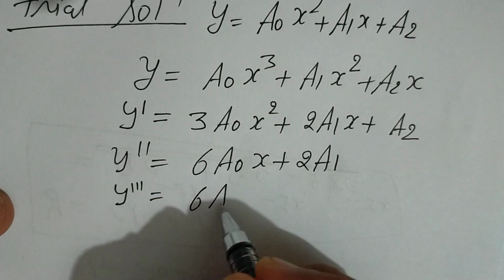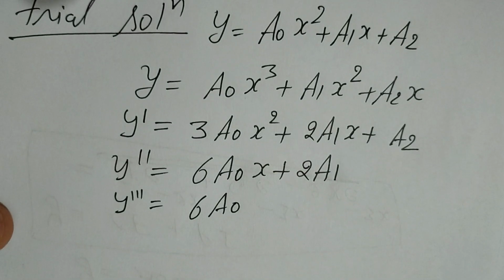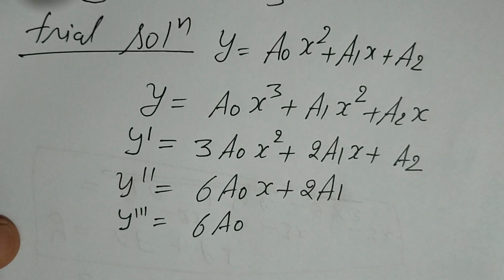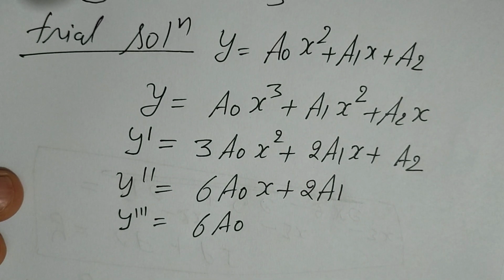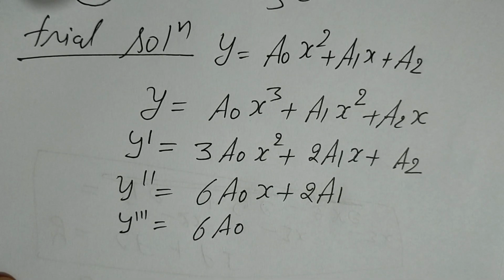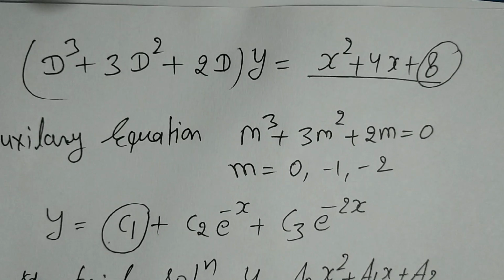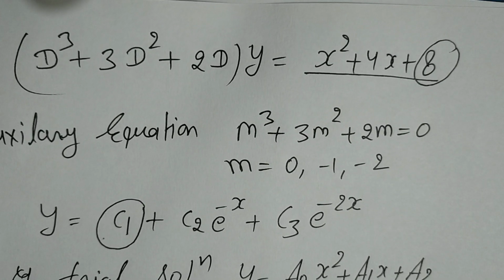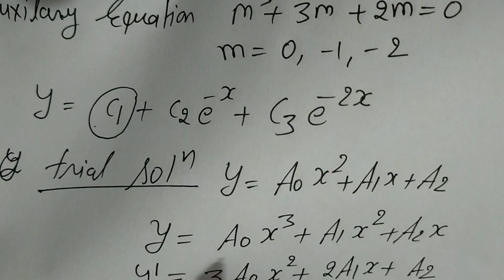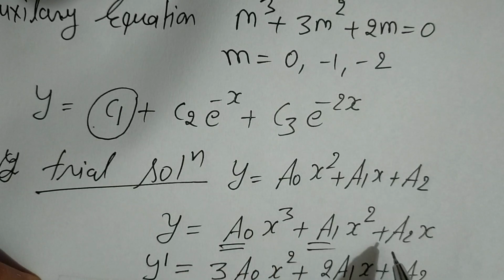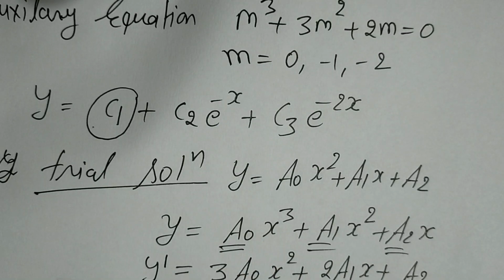So we have 6 a0. Now we substitute this y dash, y double dash and y triple dash in the main differential equation and try to compare the coefficients and get the values of a0, a1 and a2.